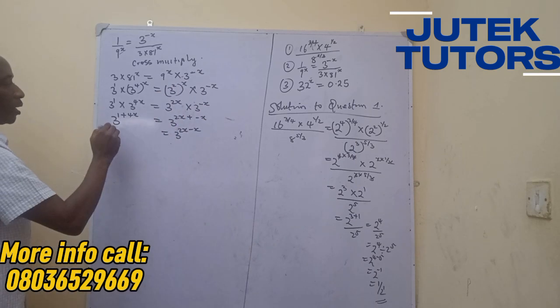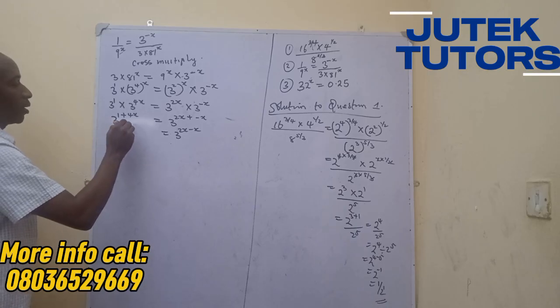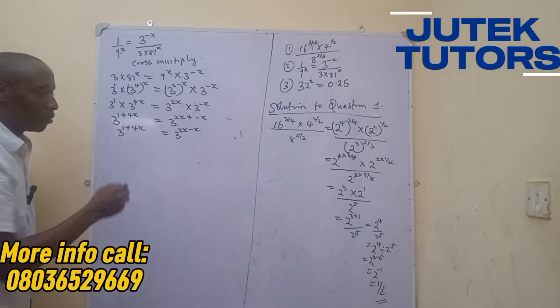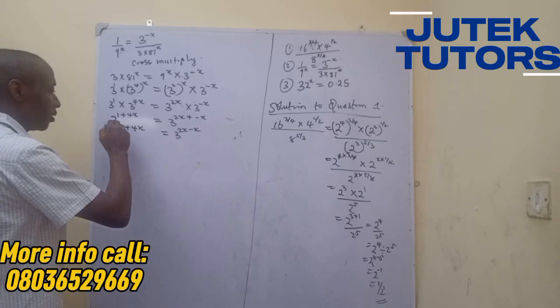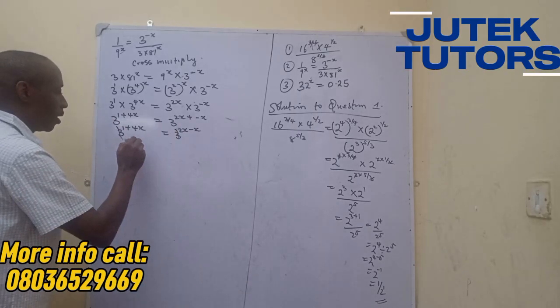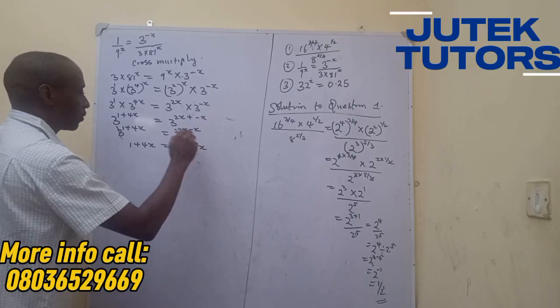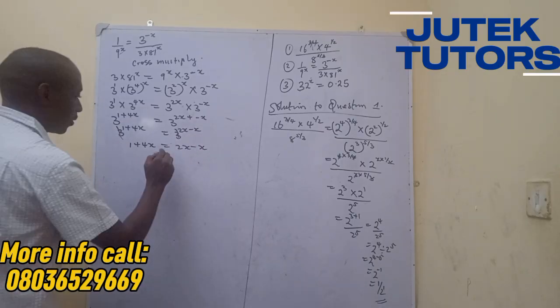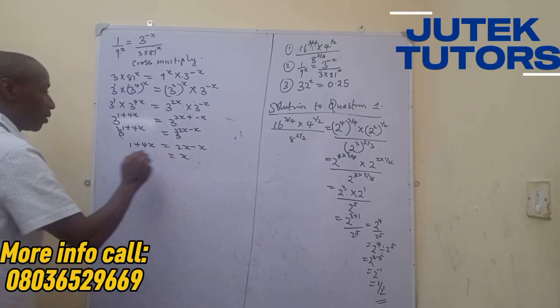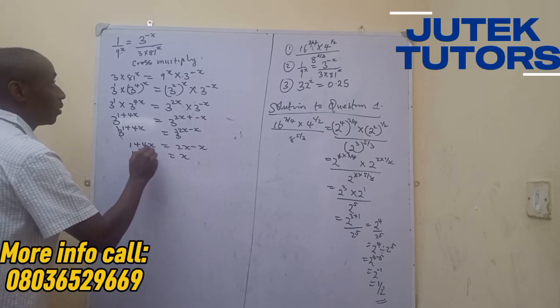Here we have 3 raised to the power 1 plus 4x. Since they have the same base, we can cancel the base. So we have 1 plus 4x equals 2x minus x, and 2x minus x gives us x.